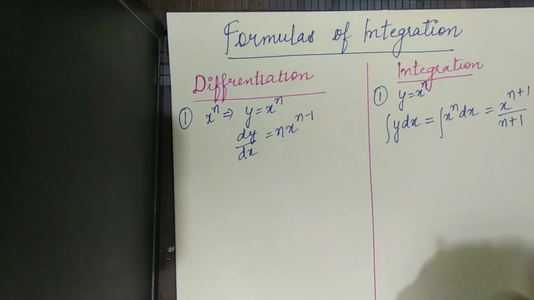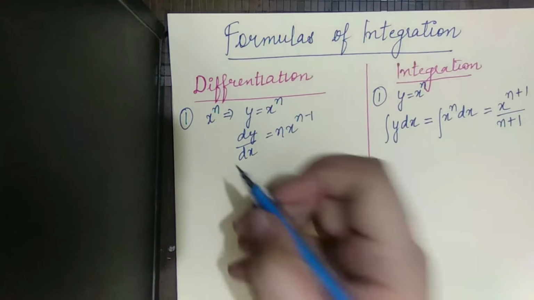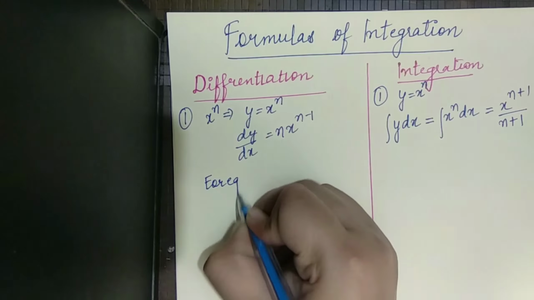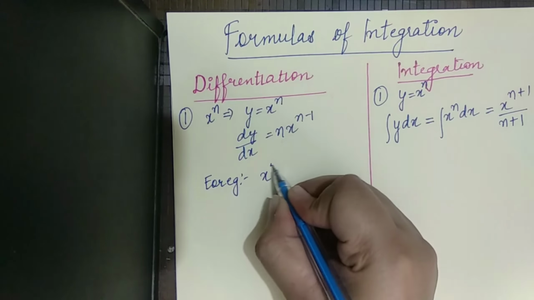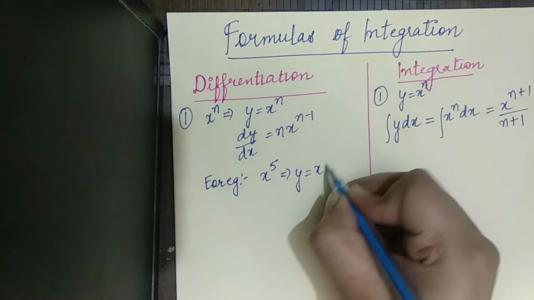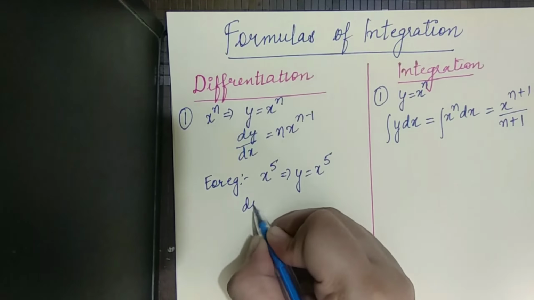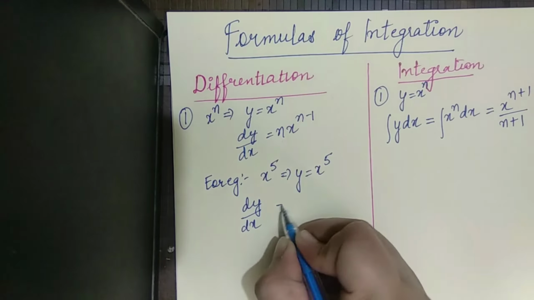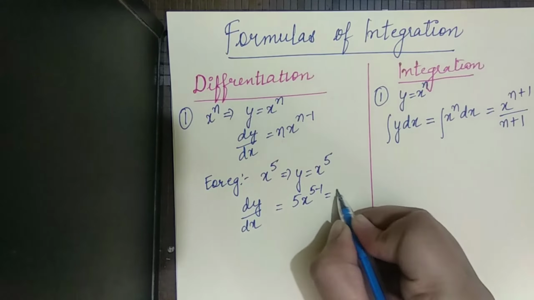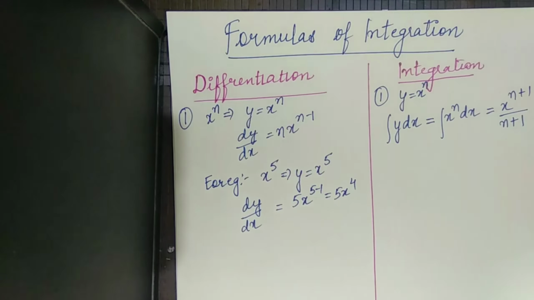Let's have an example of this. For example, x raised to power 5. I'll write y equals x raised to power 5, and dy by dx equals 5x raised to power 5 minus 1, that is 5x raised to power 4.